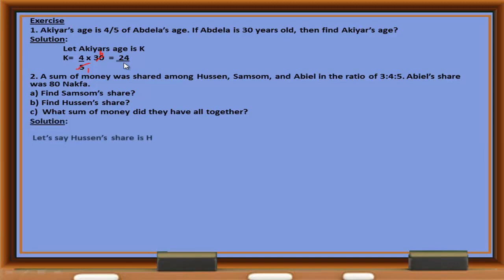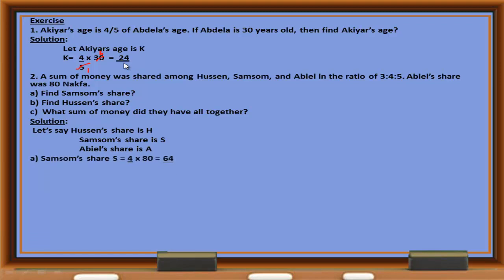Solution. Let us say Hussein's share is H, Samson's share is S, Abel's share is A. Solution for A. Samson's share is S. It will be 4 over 5.